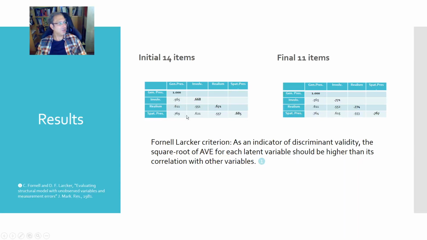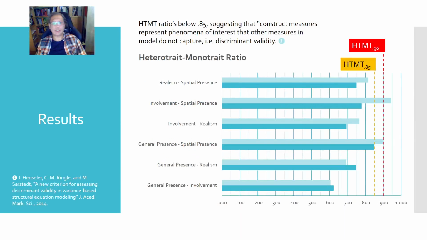This is their correlation. This should be higher than the correlation between them. By dropping the items, we achieved that. Now we say that general presence is something different from spatial presence. We can say this. So we achieve discriminant validity. Another indicator of discriminant validity is heterotrait-monotrait ratio, and also there is this HTMT.90 and HTMT.85.